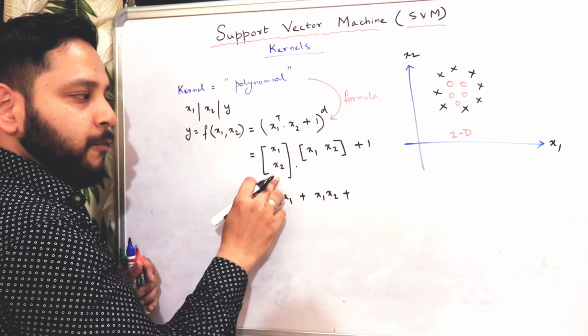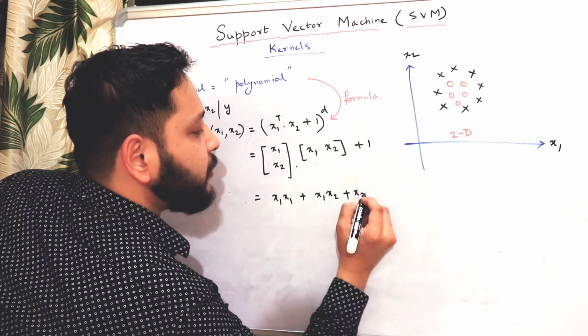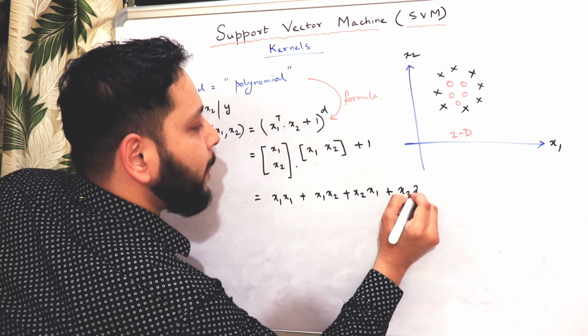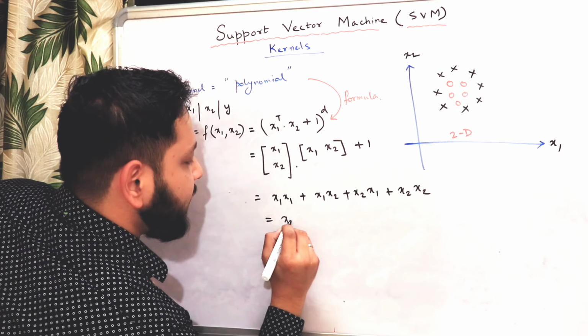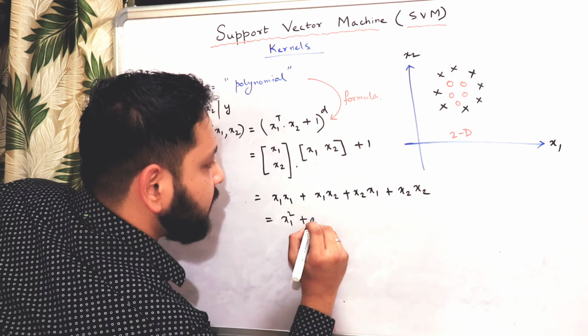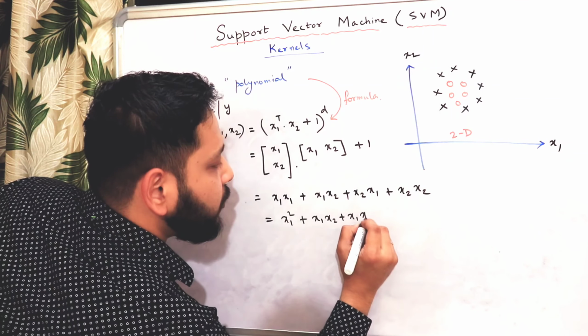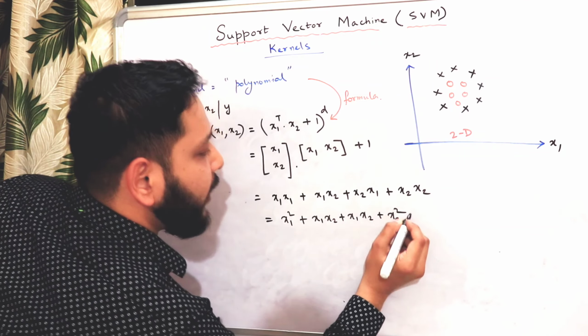Now coming here, x2 multiplied by x1 plus x2 multiplied by x2. We can write it as x1 square plus x1 into x2 plus x1 into x2 plus x2 square.